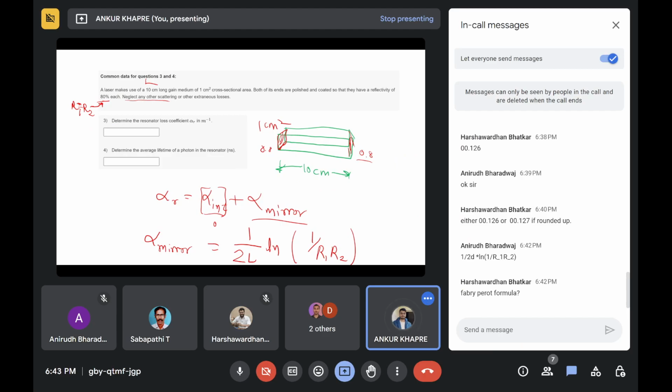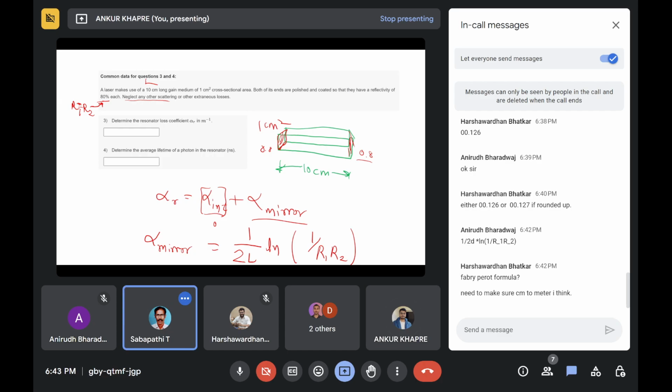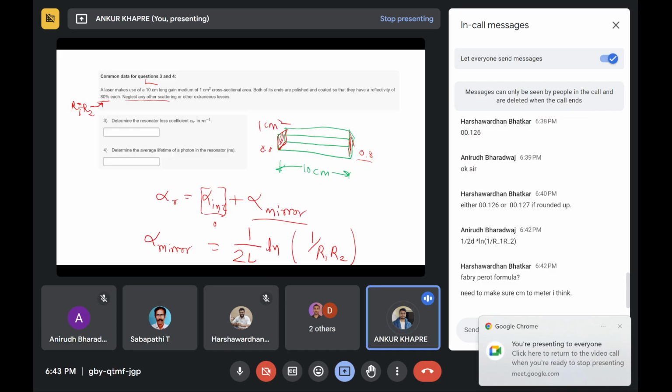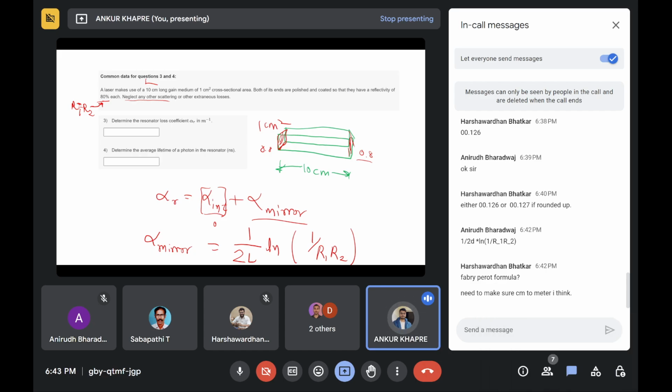Yes, correct. You just have to take care of the unit. It's in centimeters, so you have to convert to meters at the end. First do it with centimeters only; in the end you can convert into meters. There is no issue.